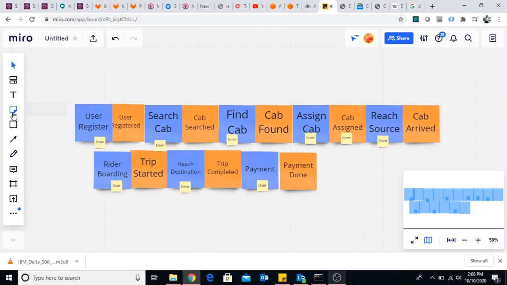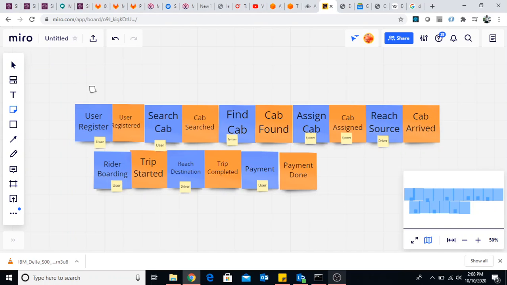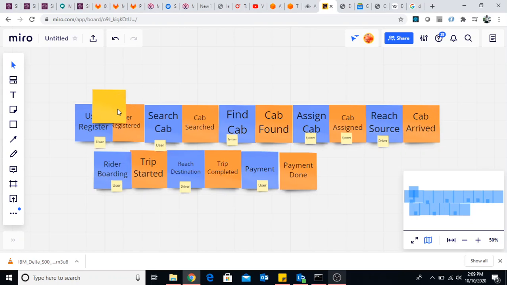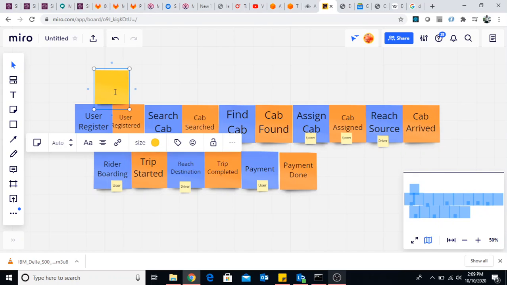Now coming to another sticky, and this sticky we have decided for aggregate. What is this aggregate? User will get registered to the system.